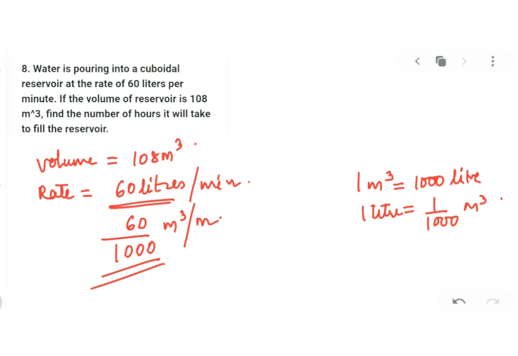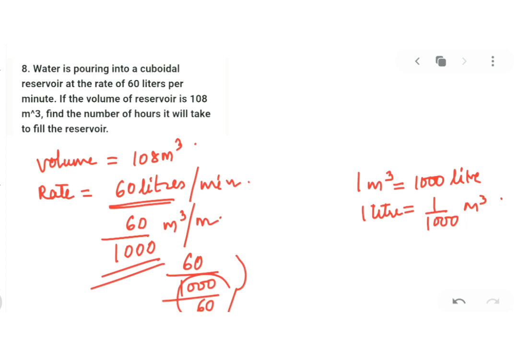Can I now convert this into hours? And how will I convert my minutes to hours? By dividing with 60. Correct? So I'll divide by 60.